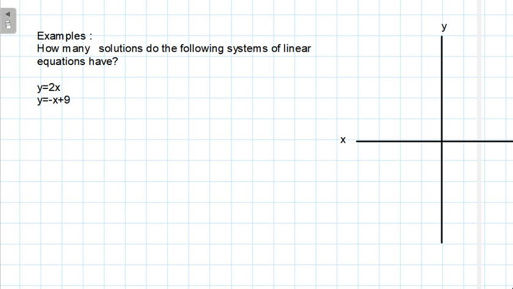I need to represent both equations on the xy axes and see if there is any intersection. If there is one intersection, then there is one solution. No intersections, no solutions, and if they are the same line, then I have an infinite number of solutions.